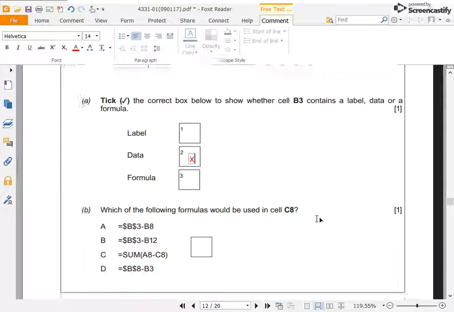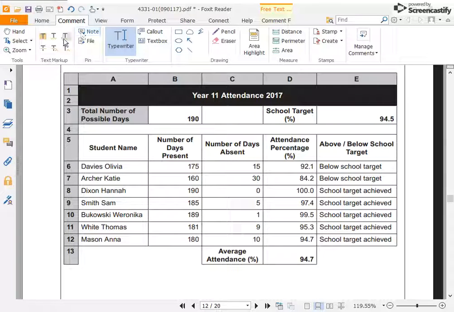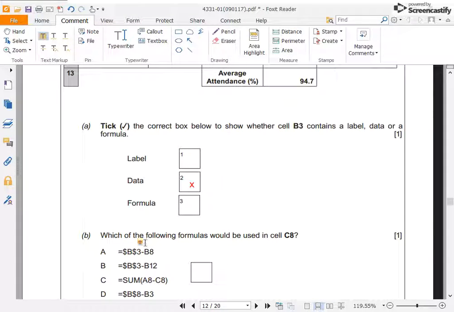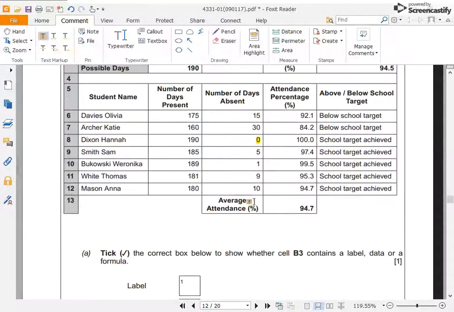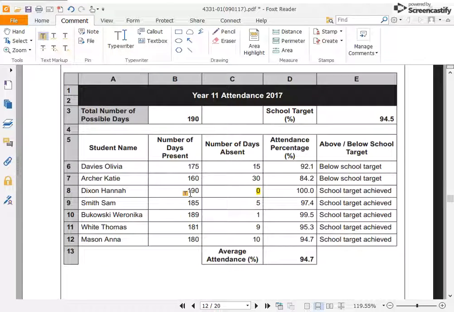Now my rule of thumb is to always go to cell C8, perhaps circle it or highlight it, so I'm going to do that, so I know what I'm talking about. So the answer is C8, that's right, 0. And we need to work out how they got to that 0. To me then, I'm thinking it's going to be total number of possible days minus number of days present.